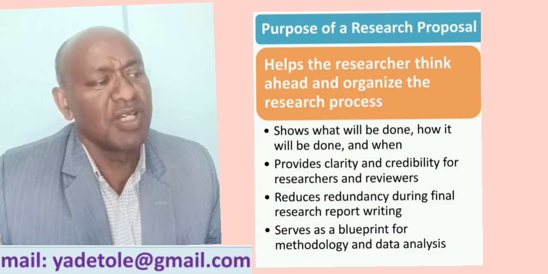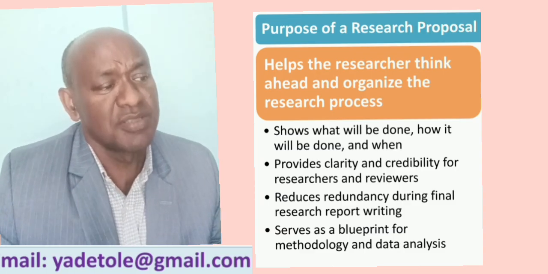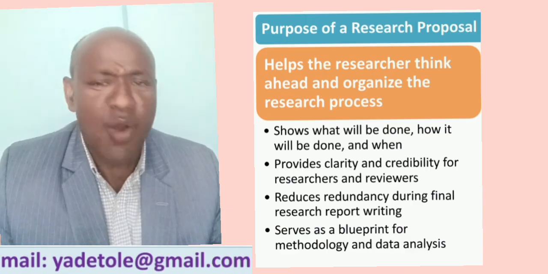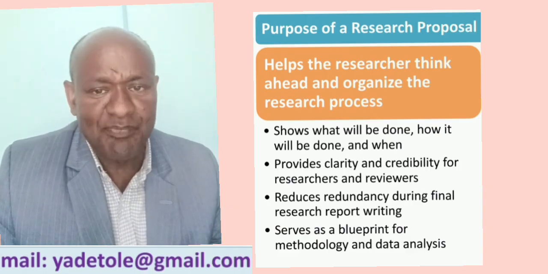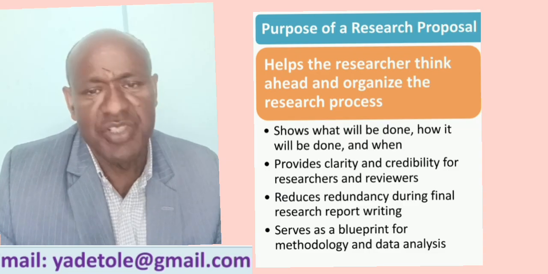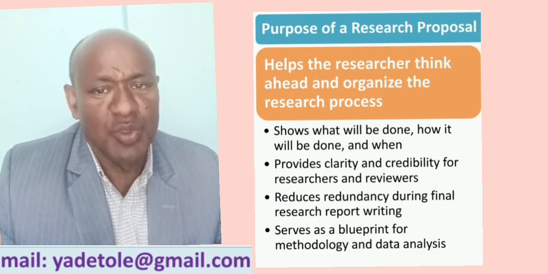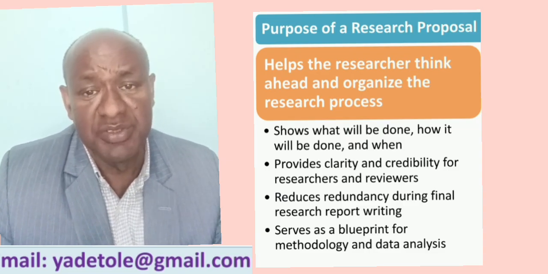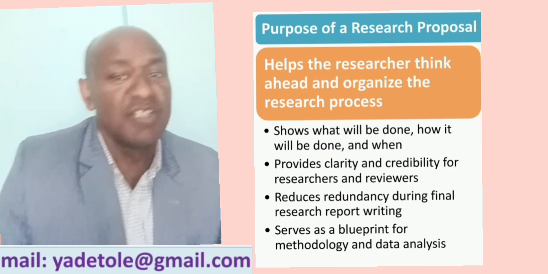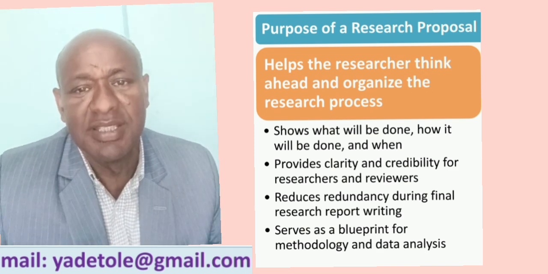This research proposal reduces redundancy during the final research report. How does it reduce redundancy? We will see next that there are contents of a research proposal. Introduction is there, and methodology is there. The research proposal consists of research methodology, and the research report also consists of that.